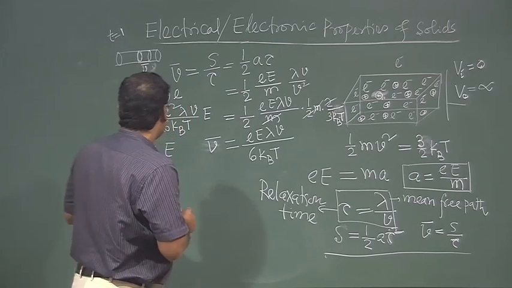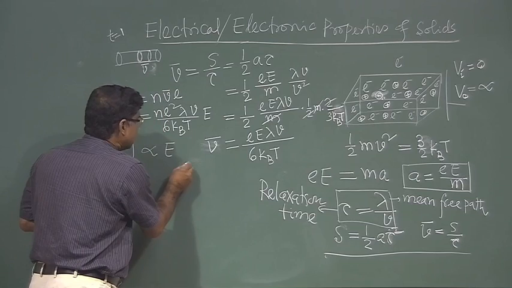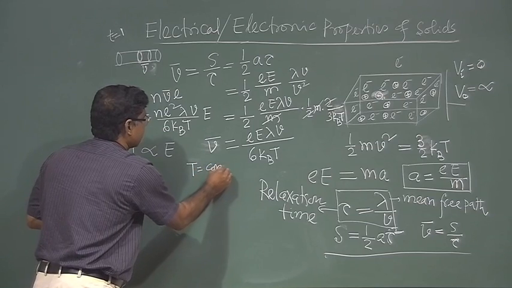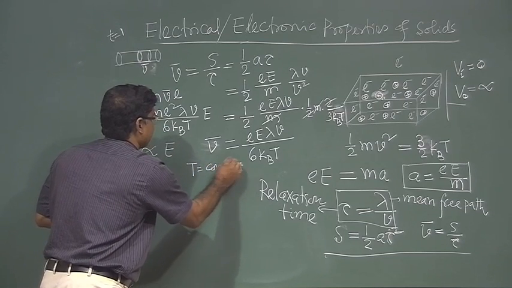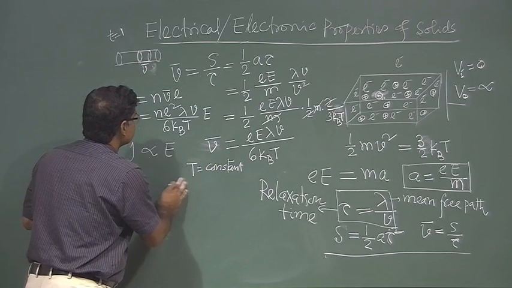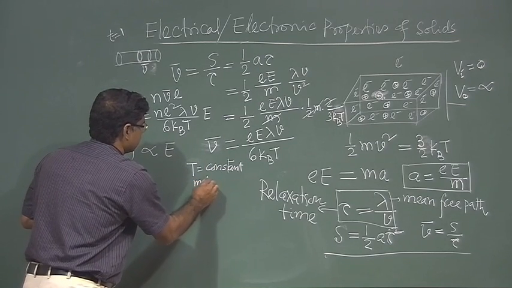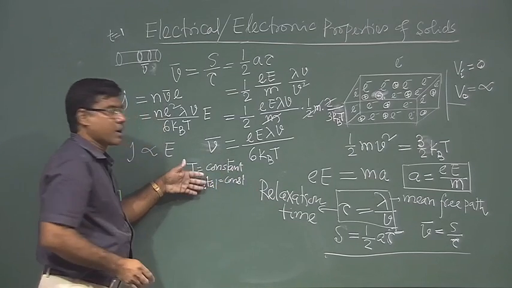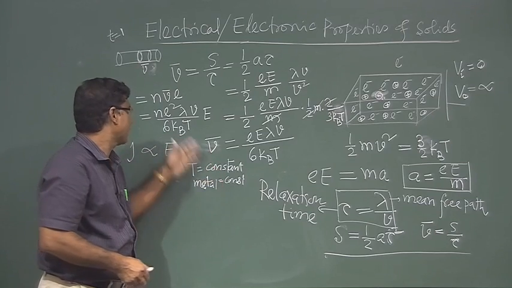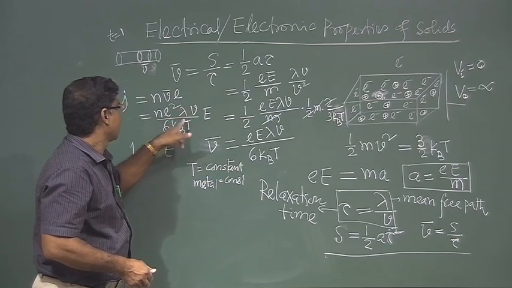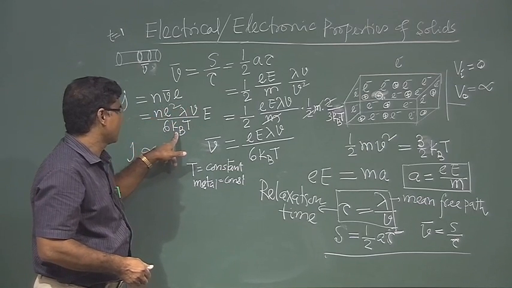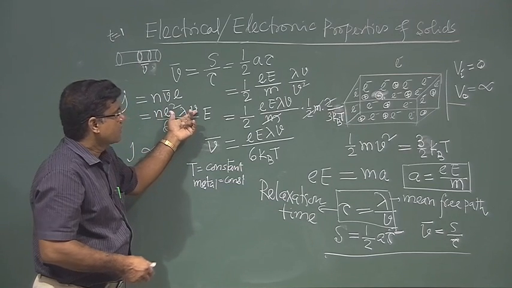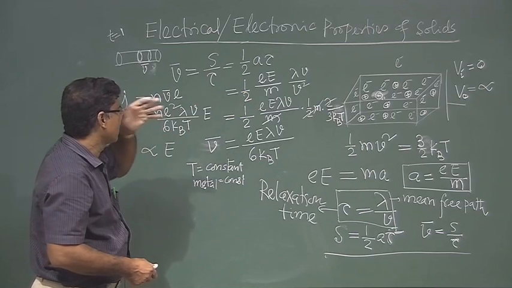when T is constant and the metal is constant, meaning for a particular temperature and a particular metal, the other parameters depend on that metal, except T: the electron density, mean free path, its kinetic velocity, basically Maxwell velocity.